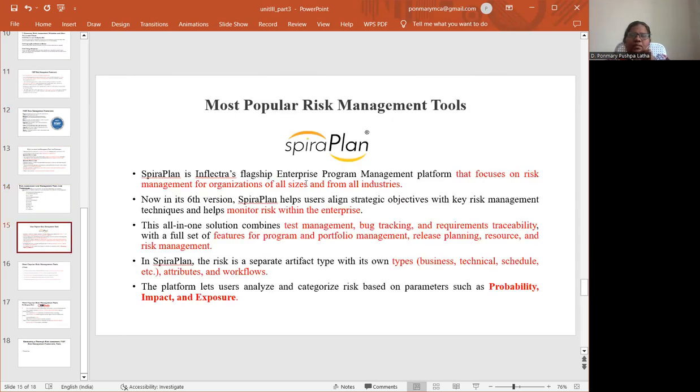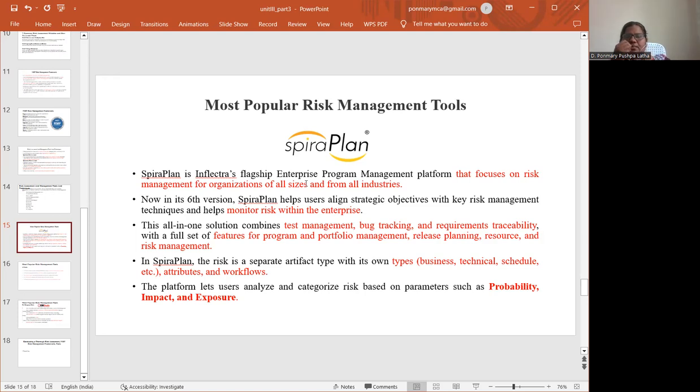The first one is Spira plan. It focuses on risk management for organizations of all sizes and from all industries. It deals with small organizations and also bigger organizations.